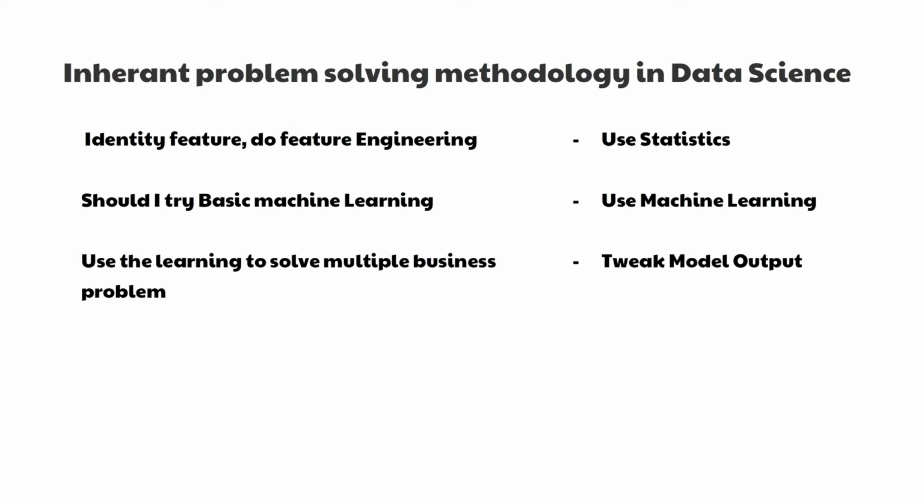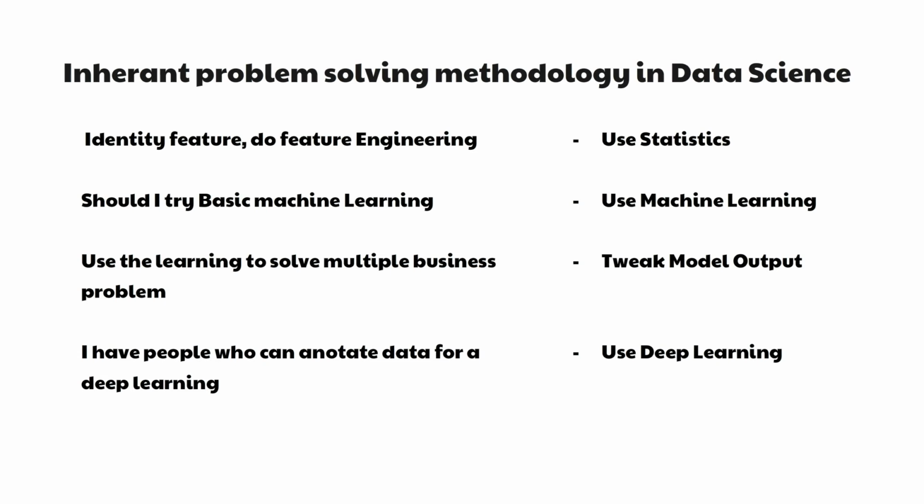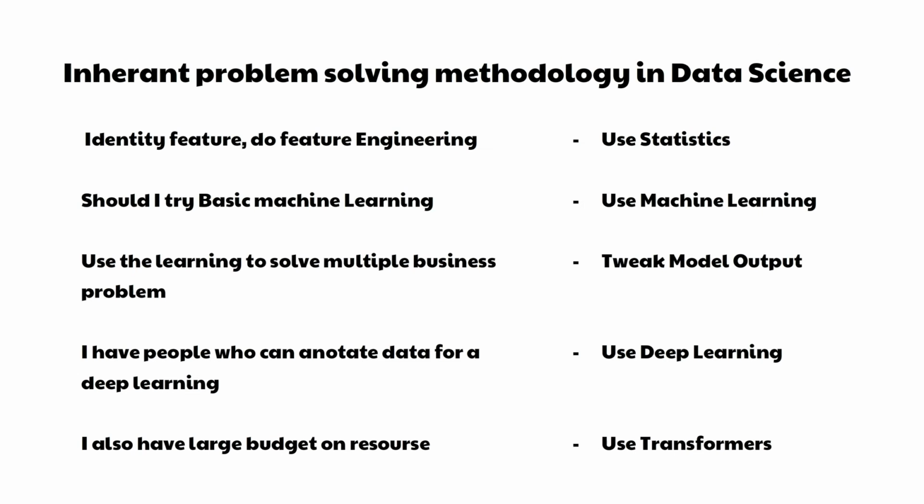Number three, now that I have understood the data by machine learning models, how do I create architectures around this core model to start catering to various business problems? Number four, I have too much data and resources that can help supervised tagging. Should I step up to deep learning? The last step is, should I engineer a deep learning architecture, or shall I reap the benefits of attention and get my solution from one of the best state-of-the-art transformer models?